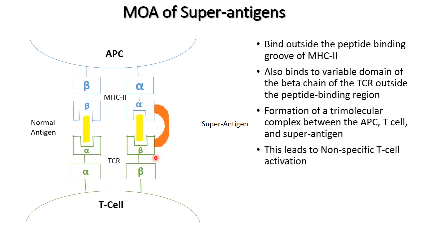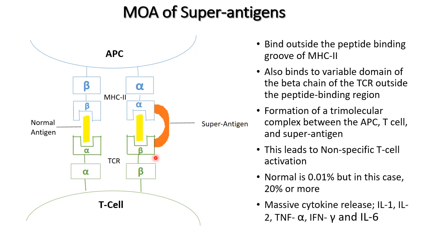Then with that non-specific T cell activation, there is now widespread production of cytokines, and these cytokines are interleukin 1, interleukin 2, tumor necrosis factor alpha, interferon gamma, and interleukin 6, which will now lead to those symptoms that I had mentioned earlier, such as hypotension and hyperemia in different organs, such as the conjunctiva.